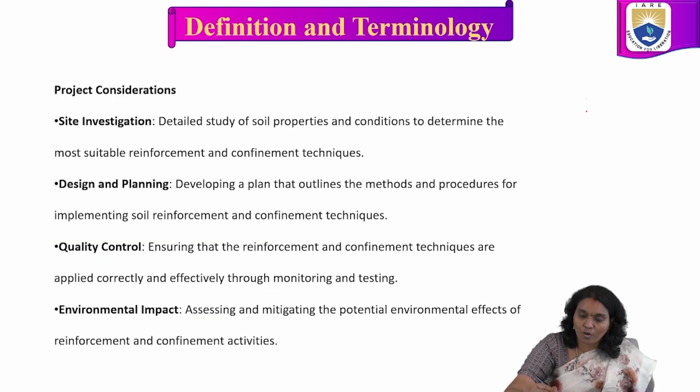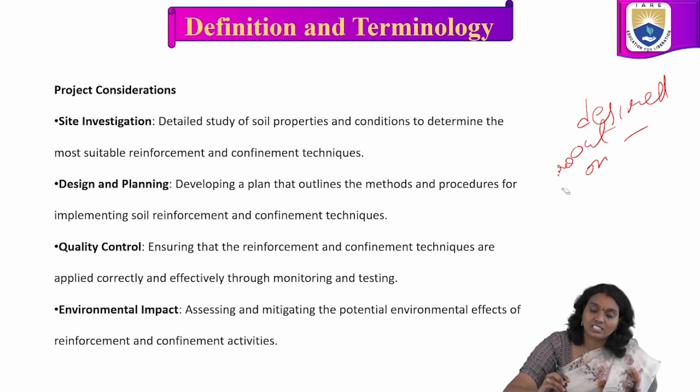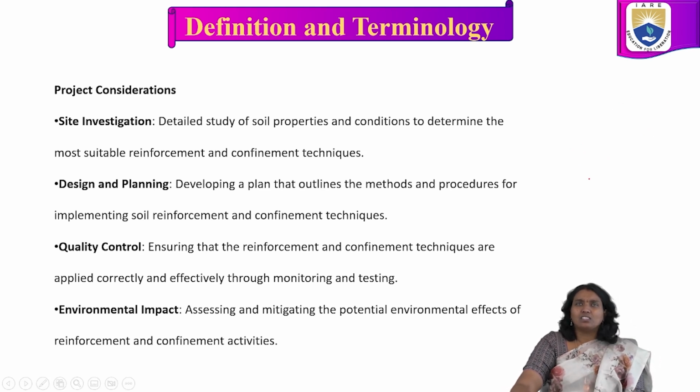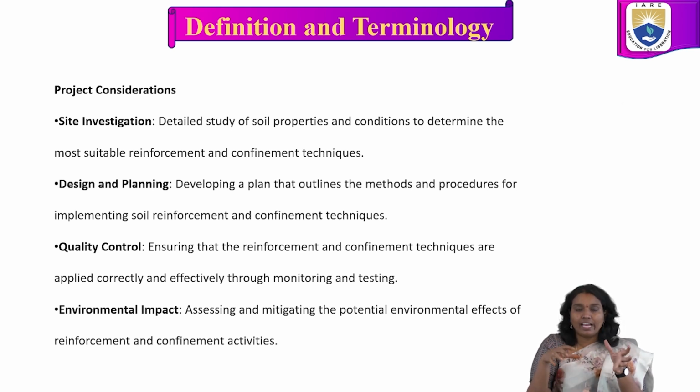Why are those desired properties required? For getting better construction outcomes and the required construction work. These are all the things we are going to understand here. The choice of technique depends upon the type of soil, what kind of property we require, and what the conditions are.